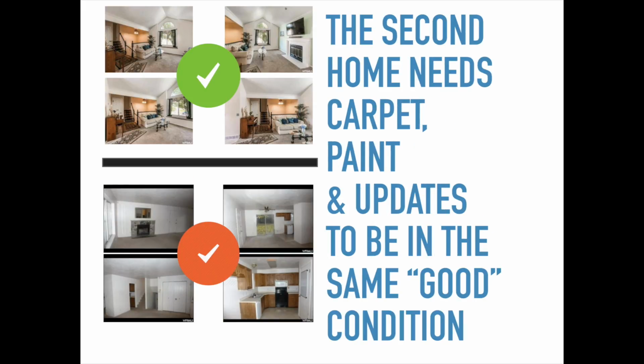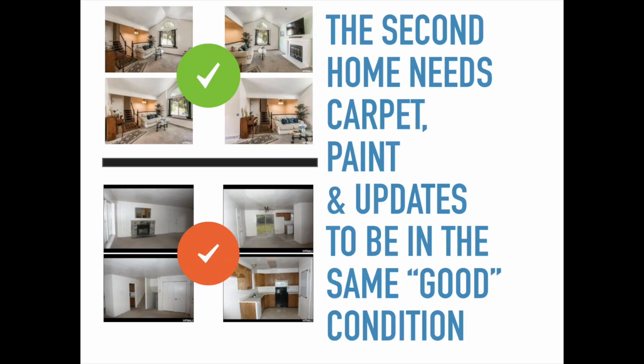Now, in the second example, again, the top home is the standard of the neighborhood, and my home is the bottom house. When I'm looking at this, the two do not compare, and if I was competing against the home at the top, I'm going to lose buyers to that. Keep in mind, I'm not saying you are going to make the repairs. I'm saying that the home is in fair condition.